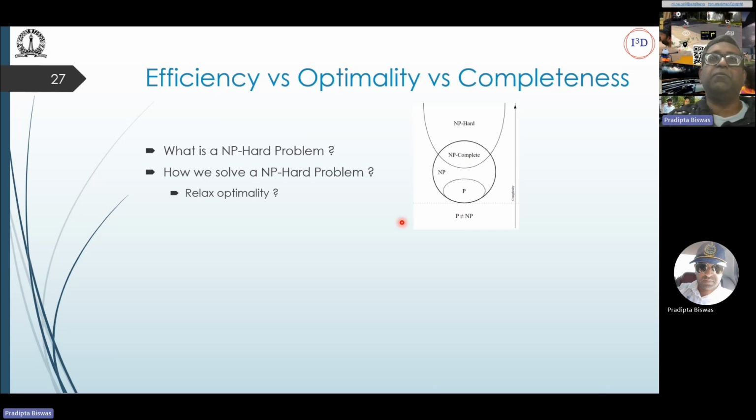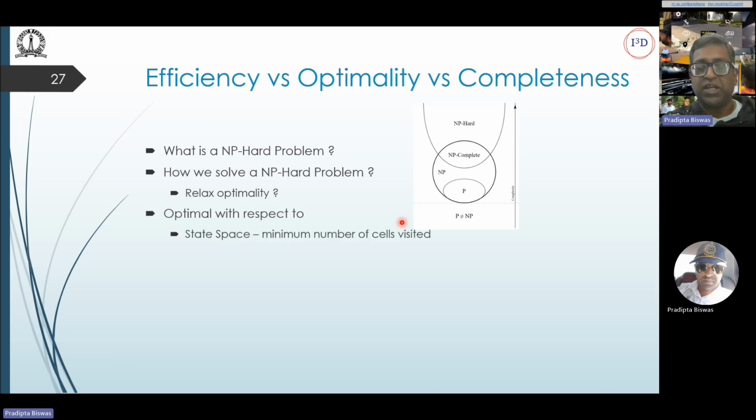So how do we solve these NP complete problems? There are entire courses on approximation algorithms, which basically relax the optimality criteria, so that we try not to get the optimal path. We try to get something which reduces the overall cost function.